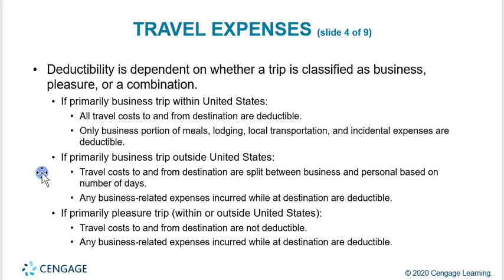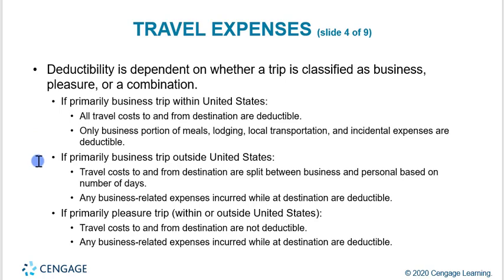And so travel expense deductibility is dependent on whether a trip is classified as business, pleasure, or a combination. If a primarily business trip within the United States, all travel costs to and from the destination are deductible. Only the business portion of meals, lodging, local transportation, and incidental expenses are deductible.